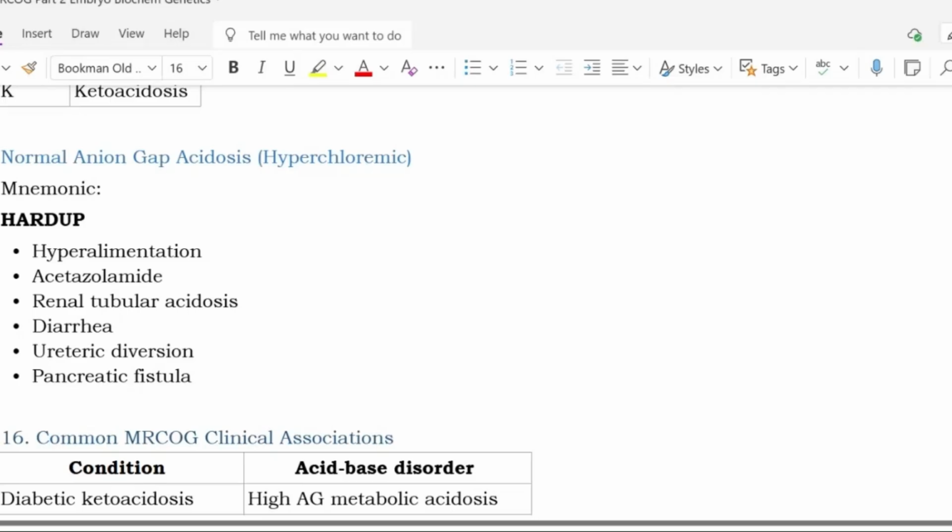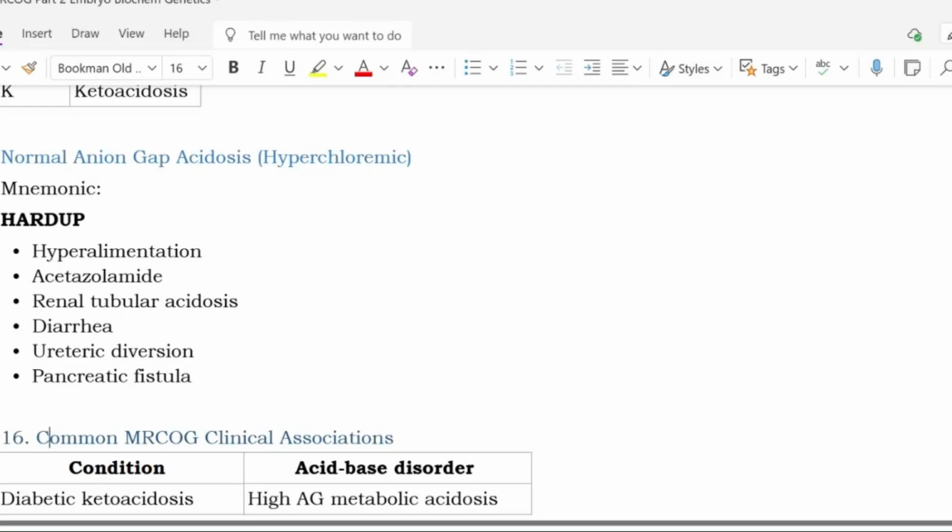Hyperalimentation, acetazolamide is again a drug which acts on the kidneys, renal tubular acidosis relates to the kidneys, diarrhea to the GIT, ureteric diversion to the kidney, pancreatic fistula to the GIT. I'm making it a little simplified so that you can understand.